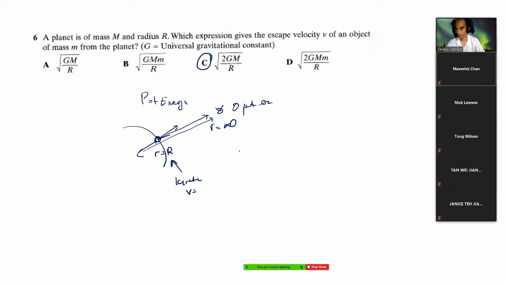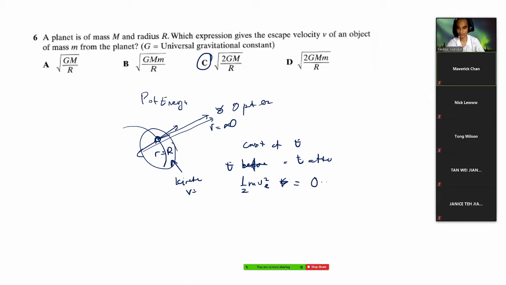Okay, so conservation of energy says that energy before equals energy after. Okay, so before we only have half mv squared, which is what we call the escape velocity, ve, plus, equals to 0.